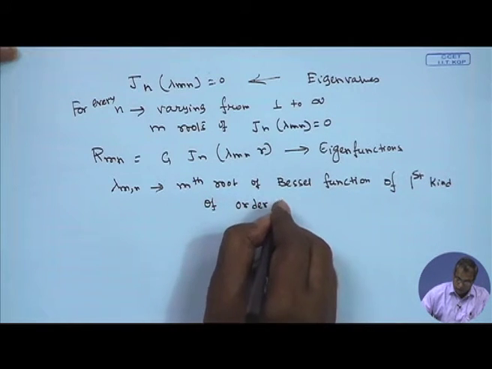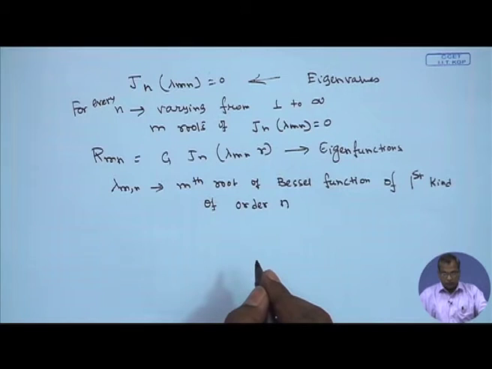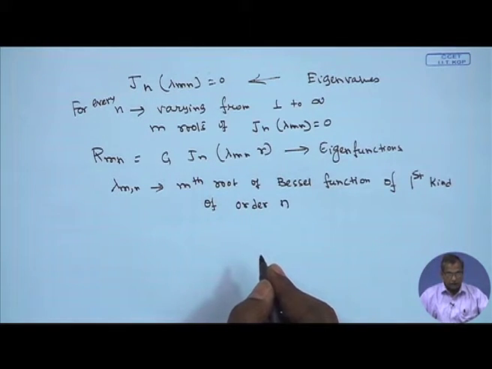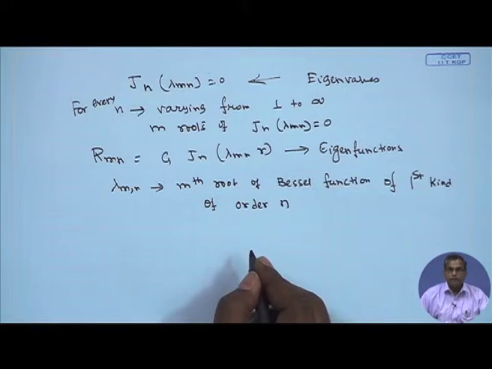of order n. So, now we have seen that both the theta varying part and the r varying part constitute an independent eigenvalue problem. Therefore, we can constitute the complete solution by doing a double summation of the individual parts of the eigenvalue problem.